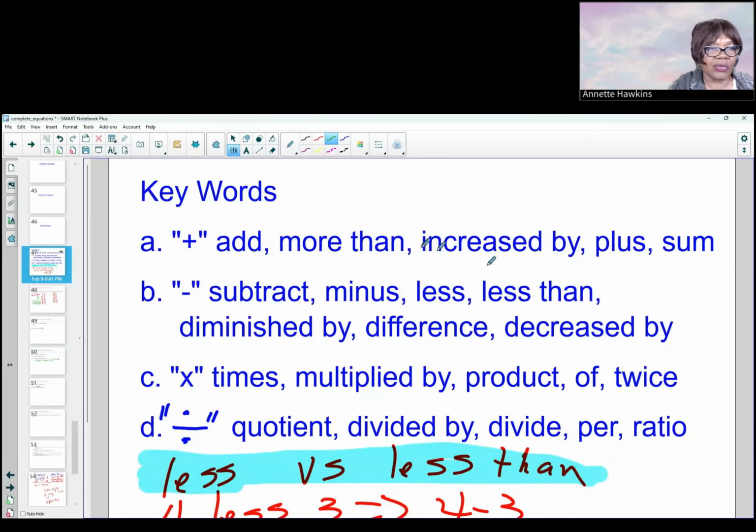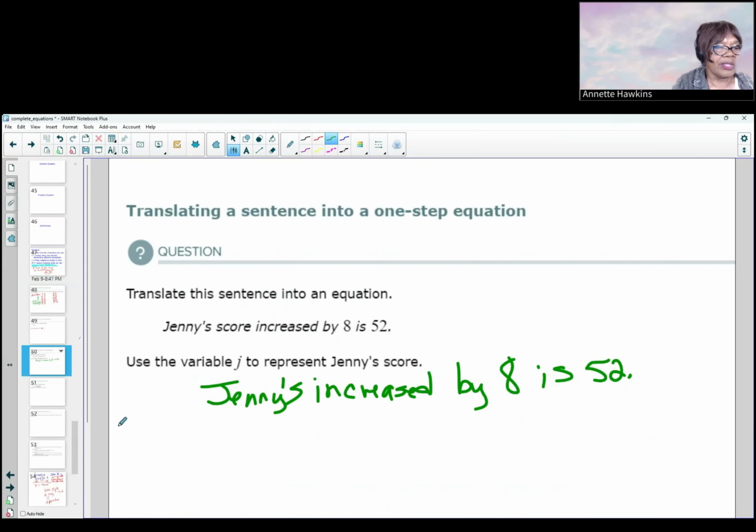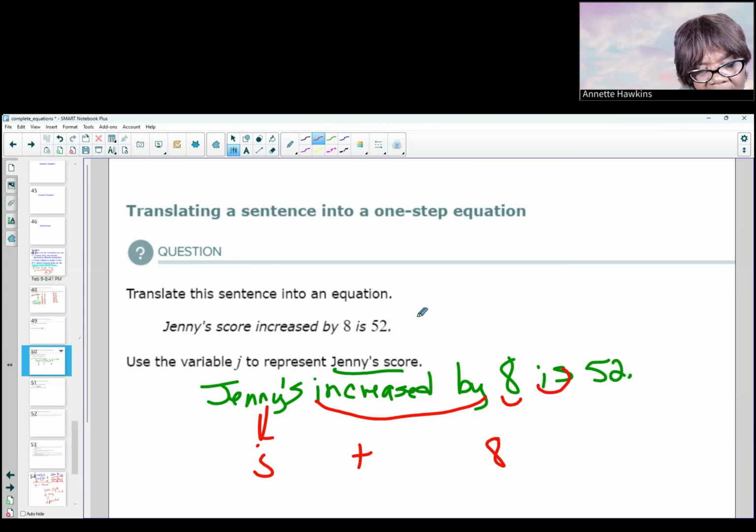Increased by means plus. So Jenny's score, they told us to use a J. Increased by is plus. 8 is the number 8. Is means equal, and 52. So J plus 8 equals 52. That's how we would write that equation. Questions about that?